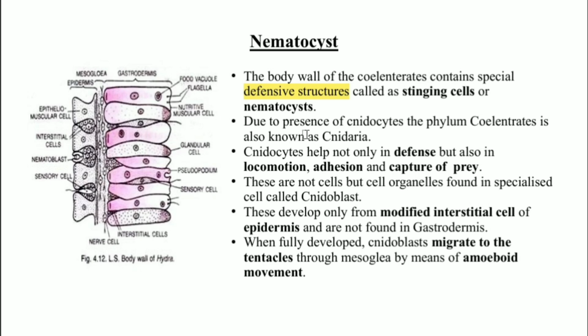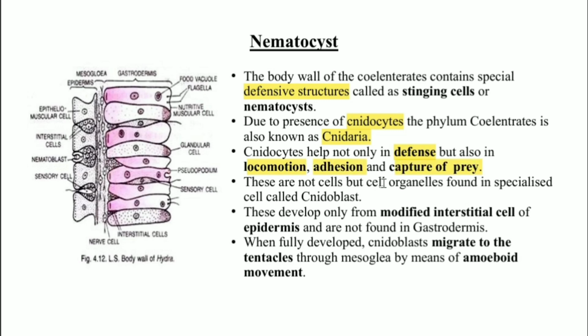Due to the presence of cnidocytes in the epidermal layer of the cnidarians, they are known as the cnidaria. Now, cnidocytes help in defense, but they also help in the locomotion, adhesion, and capture of the prey.